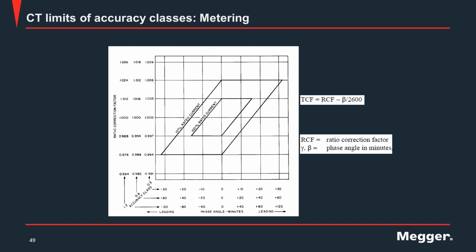So if your ratio test falls outside the box, for example, you injected 100% rated current, and then your ratio is outside because the value of the phase angle is, for example, plus 10, and we already considered the correction factor, that means our ratio test failed because it is outside of the box or the parallelogram here. And for example, if I inject 10% of the rated current and my ratio falls outside, then that means my CT fails. Okay.